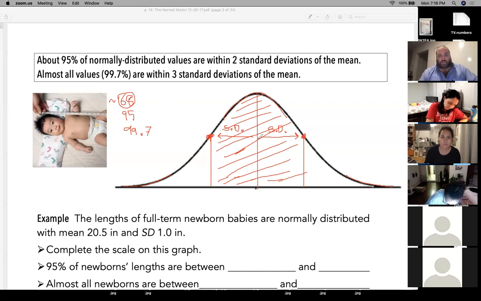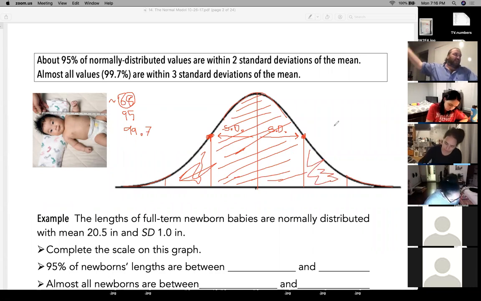Now, if I were to go twice that distance, if I were to go all the way now to about here, and I were to include now this part as well as this part, so I go 2 deviations left and 2 deviations right, roughly how much falls between those locations? 95.